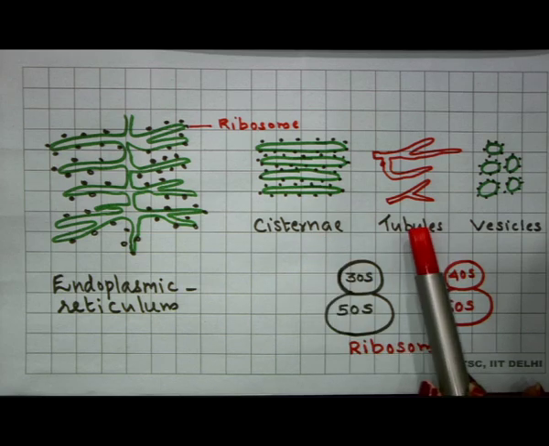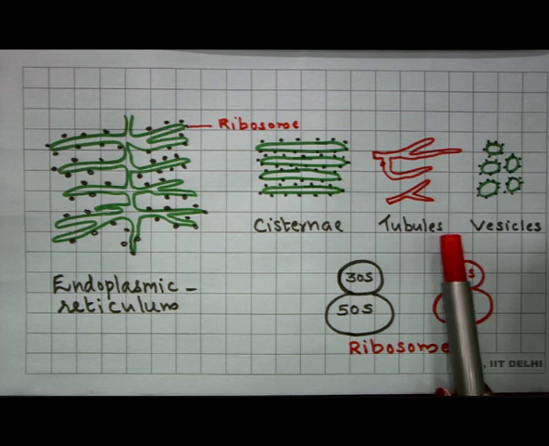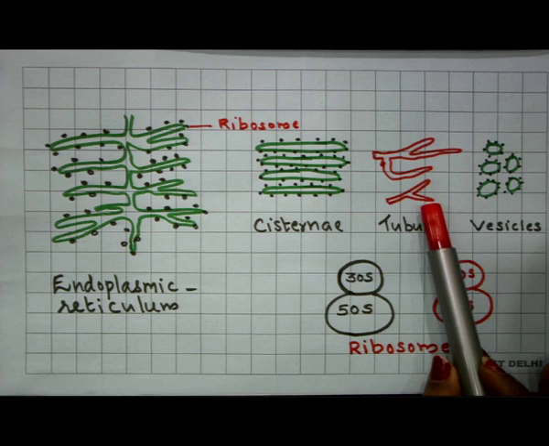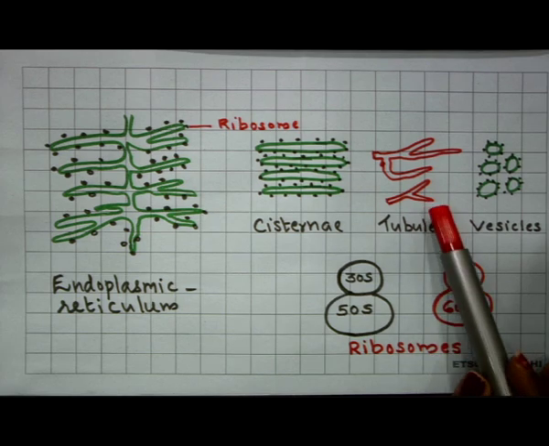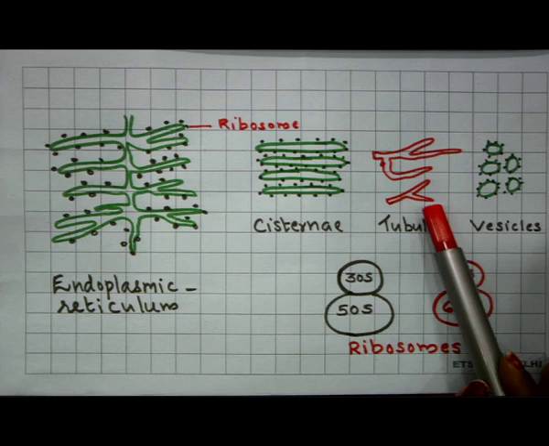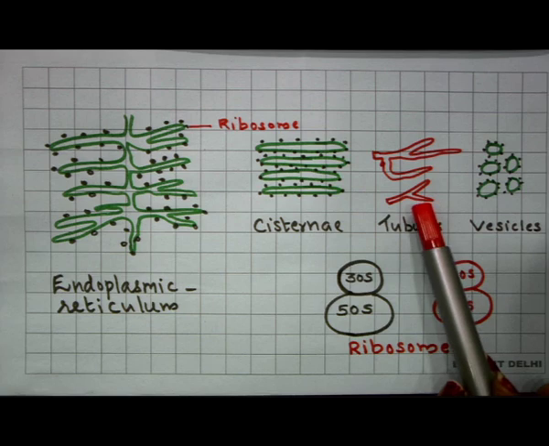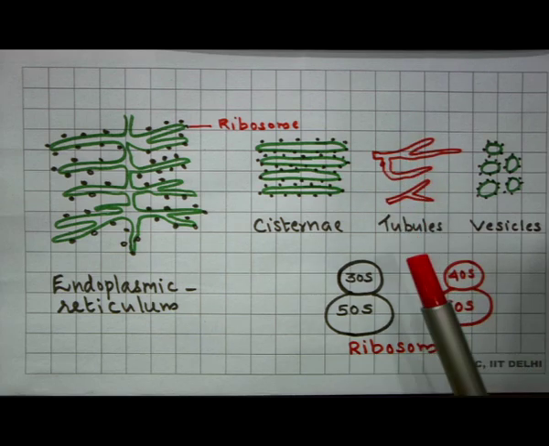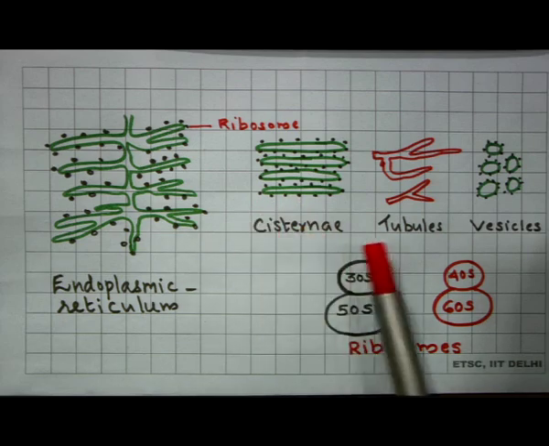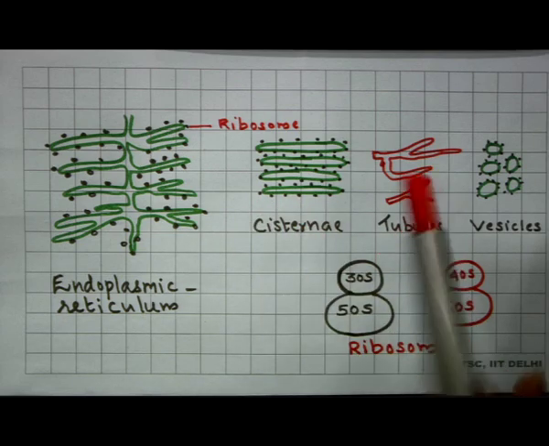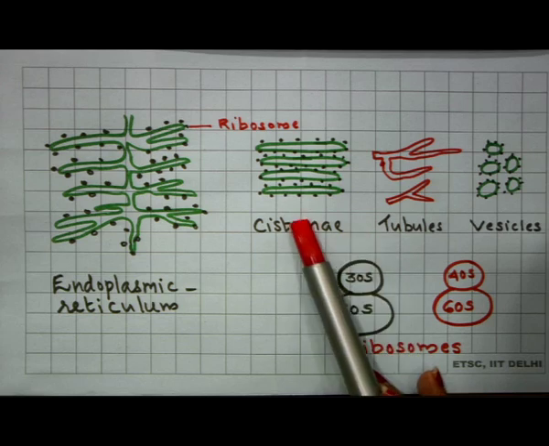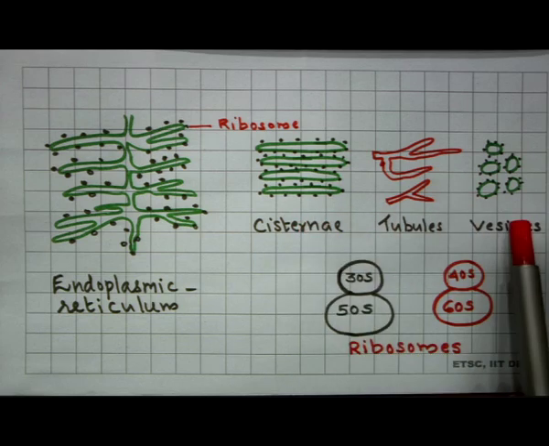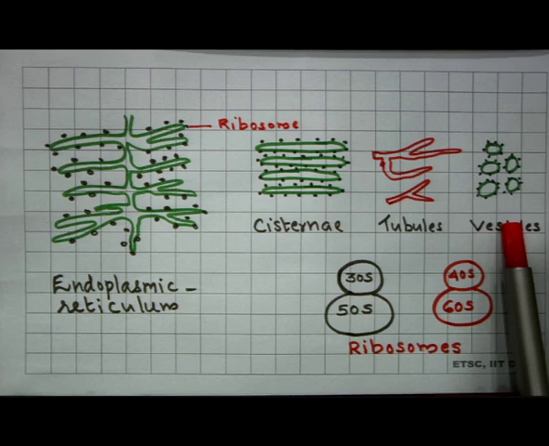Now, coming to the second one, that is tubules. They are tubular, elongated, thin, flat, but they are highly branched ones. And these branched structures interconnect the cisternae with the vesicles.